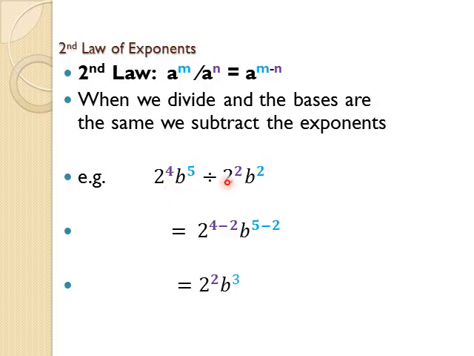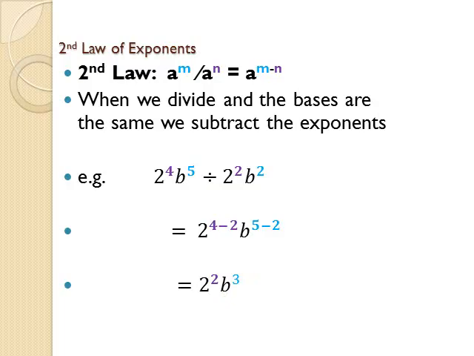So base 2 and base 2, write down one base, and we subtract 4 minus 2. There, base b and base b, so write down b and we say 5 minus 2. So 4 minus 2 gives me 2 to the power 2. 5 minus 2 gives me b to the power 3.